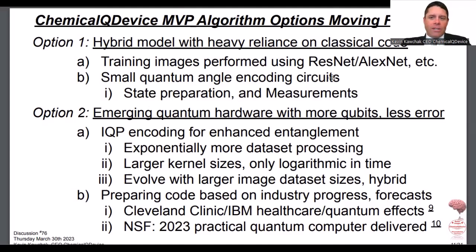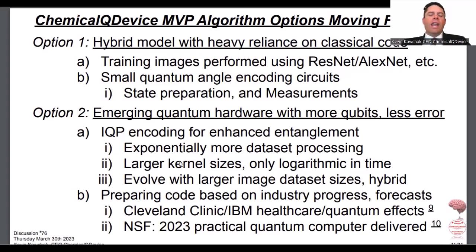Now, the second option is building circuits, designing algorithms that will fit, especially as quantum computers emerge with more qubits, less error. And you see IQP being a pivotal part as an encoding method. And I've seen other papers that I think used IQP on a simulator with some success, but then trying it on noisier hardware, not as much.